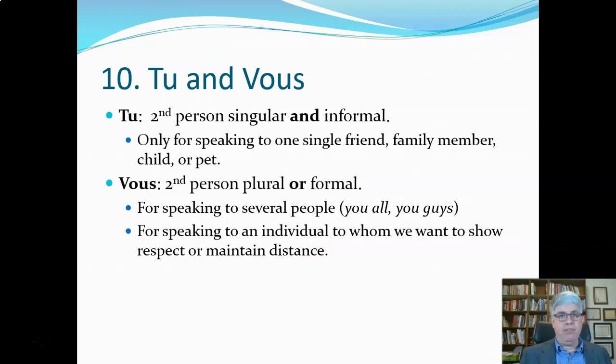So if I meet somebody the first time, I will use vous, and there's a special verb for using vous. It's called vouvoyer, and there's a verb for using tu, tutoyer. And you always start off by using the vous form of the verb when you speak to somebody, unless it's a child or a pet. Dogs, you can tutoyer anytime that you want.